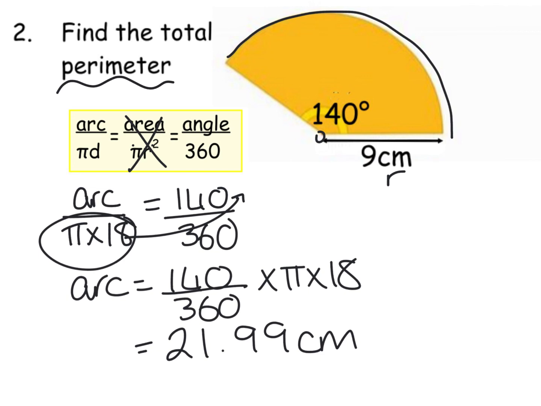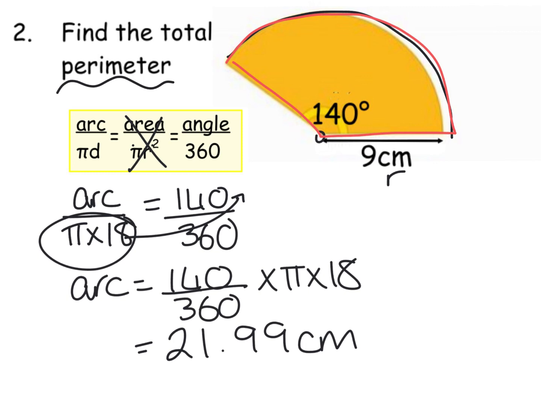It wanted perimeter. So remember in S1, when you talk perimeter, it's the distance right the way around the outside of a shape. It's a fence going around your garden. It's walking right the way around Strathclyde Park, for example. So I need to add something else on here. I've already worked out the curved part. I need to add on 9 to get to the centre and 9 to get back to where I started with.